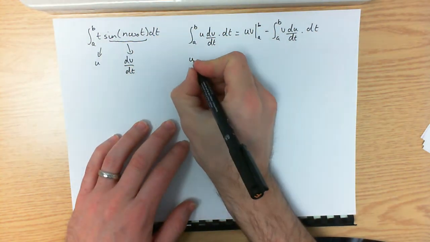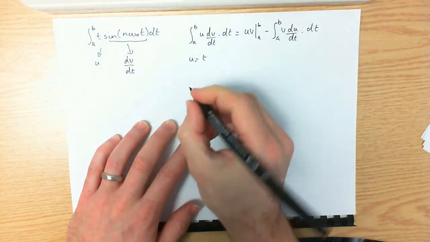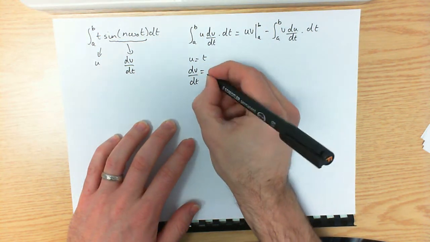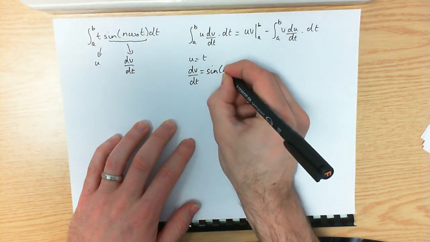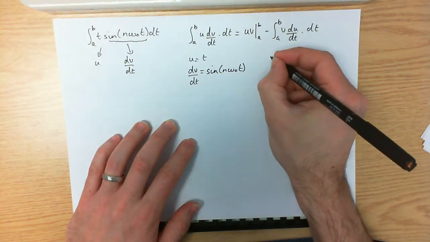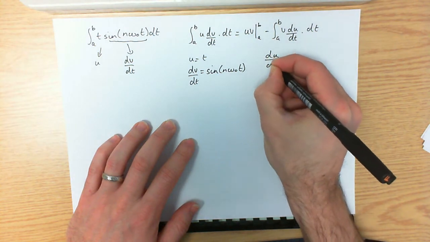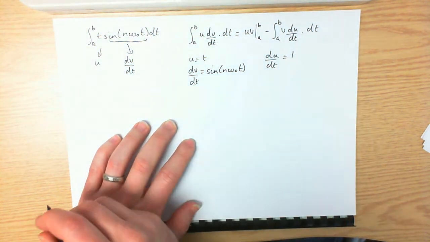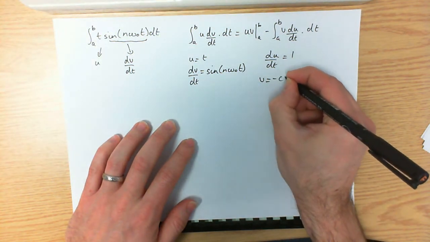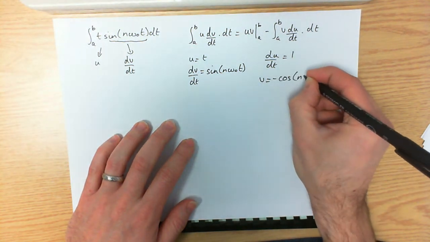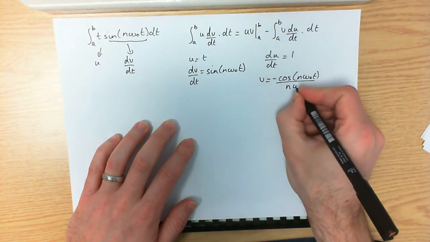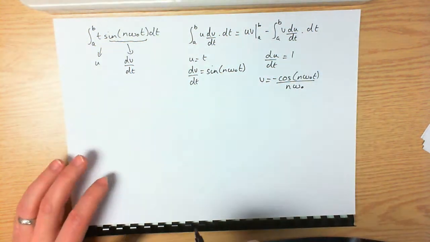So u is equal to t, and dv by dt is equal to sine n omega naught t. That leads us to say that du by dt is 1 and v is minus cos n omega naught t divided by n omega naught.